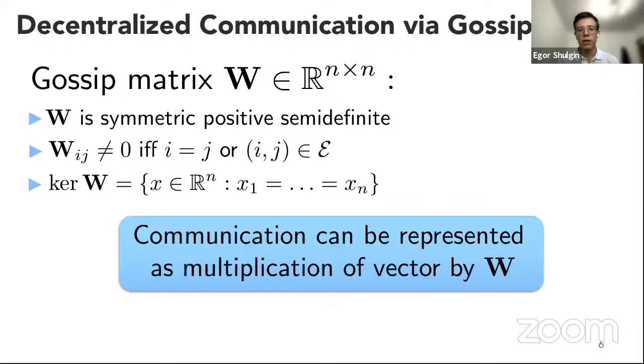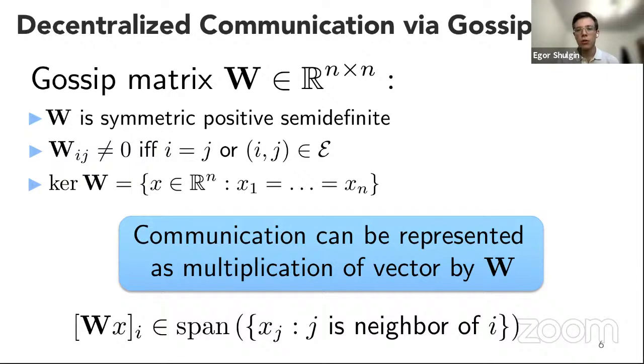Decentralized communication can be represented as a multiplication of a vector by a gossip matrix. This is a classical scheme in decentralized optimization, and indeed the i-th component of Wx is a linear combination of x_j of all j's that are neighbors of i.